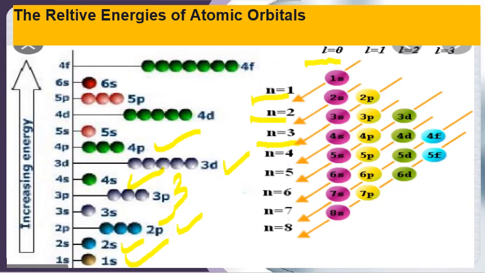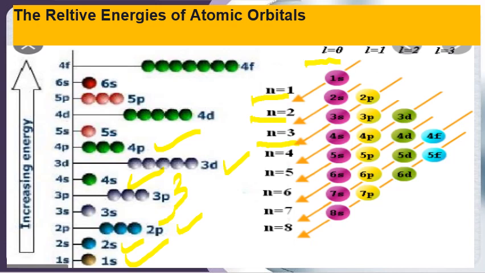So when you are writing the notation, after writing 1s, then 2s, 2p, then 3s. After 3p you will go further to 4s, and then the next higher level, that is 3d, will be filled, right? Now in the fourth shell, the filling order is also given.